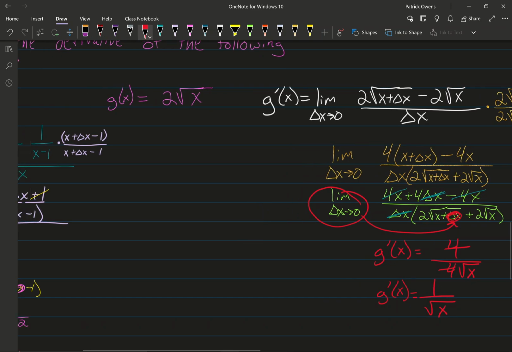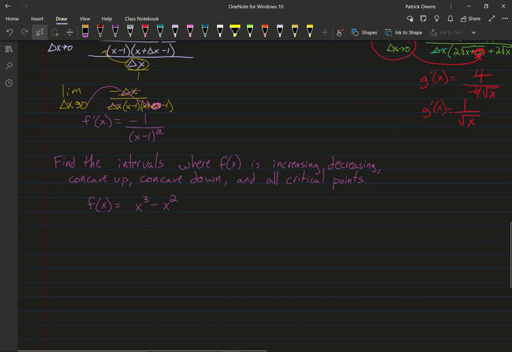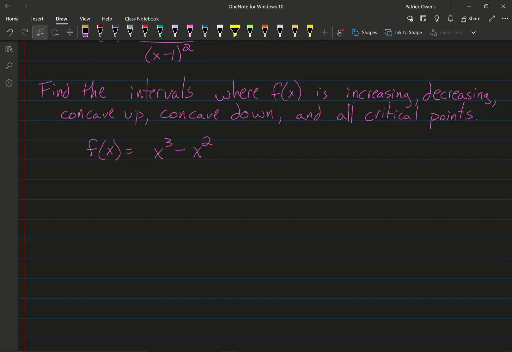Next, let's take a look at this function and finding the intervals where f of x is increasing, decreasing, where it's concave up, where it's concave down, and calculating all critical points. We're going to do this in 2 steps.